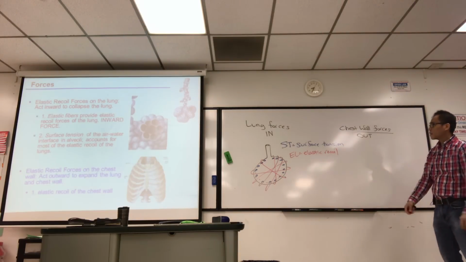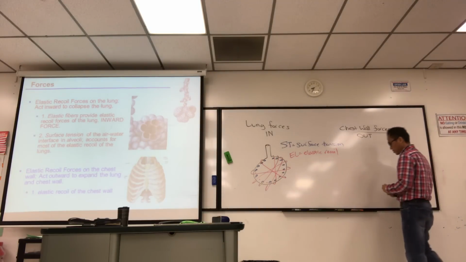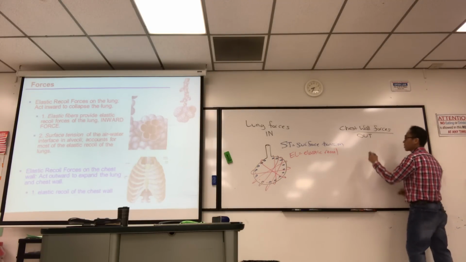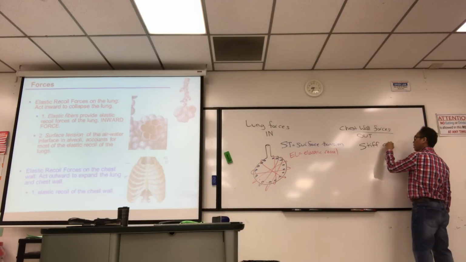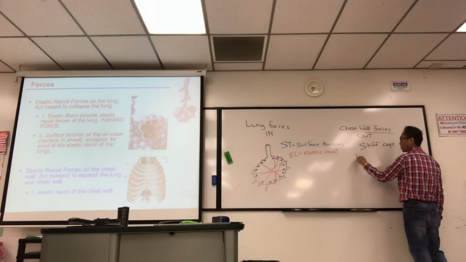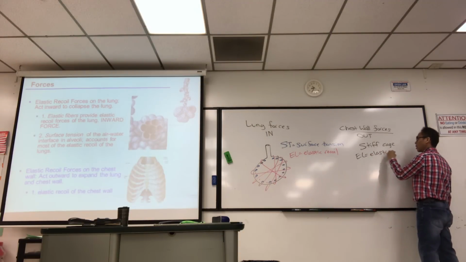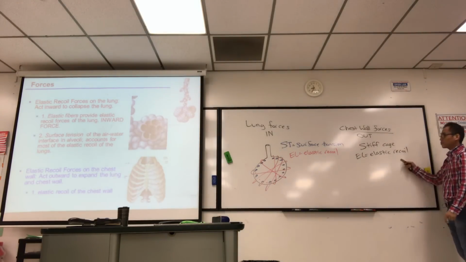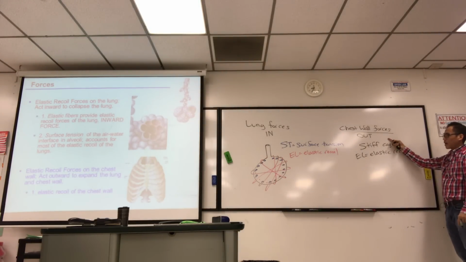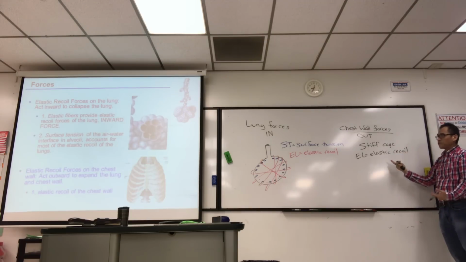So on the bottom, let's talk about the forces of the chest wall. I mean, it's a stiff cage. So the elastic recoil forces, they're just out, okay? It's just elastic recoil, but of the stiff cage, it's a force out.